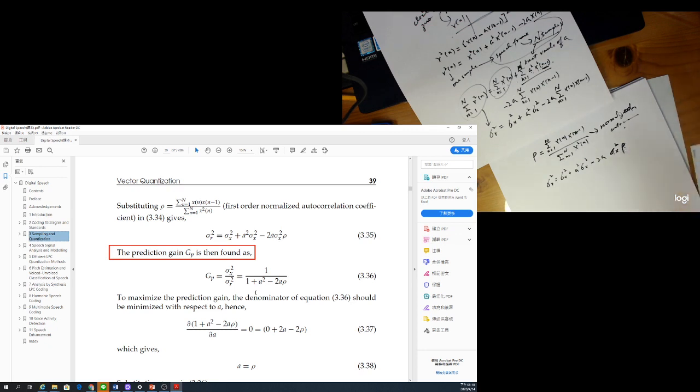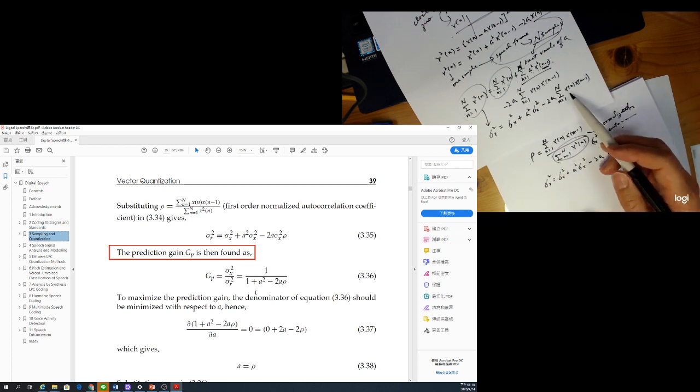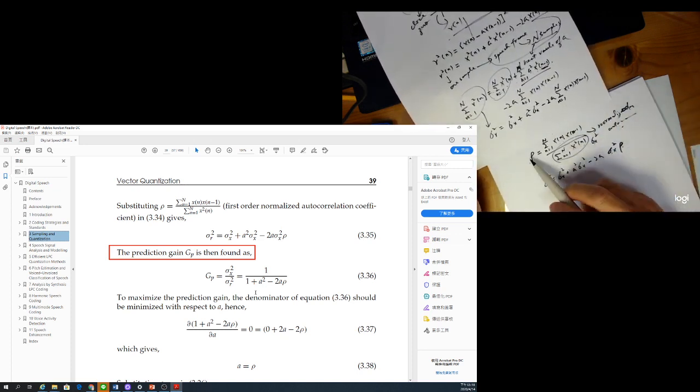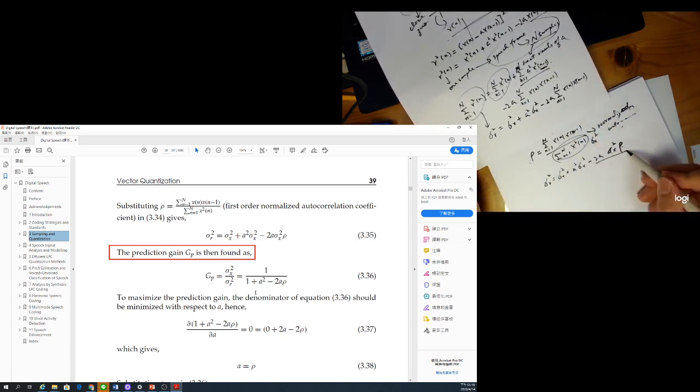Maybe we call it r first. You can see this one is our energy. So it will be rho s square. This one multiplied by this one becomes the original correlation signal.